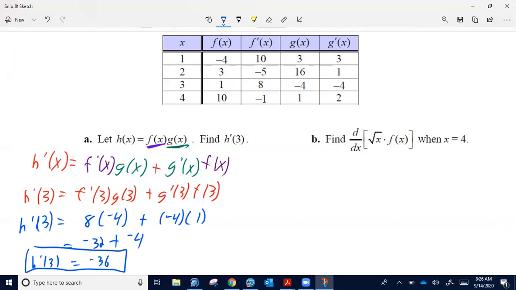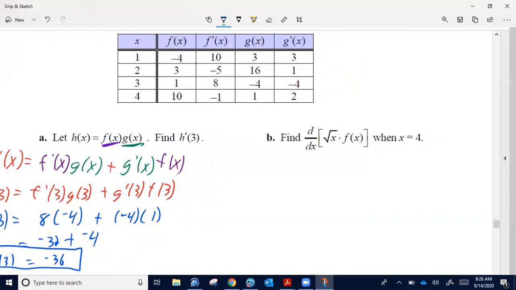Okay. And then last, find d dx. Again, this symbol, d dx, means find the derivative of radical x times f of x when x equals 4. With this, radical x, remember that's an x to the 1/2 power. We don't like radicals. Times f of x is what we're looking at here.